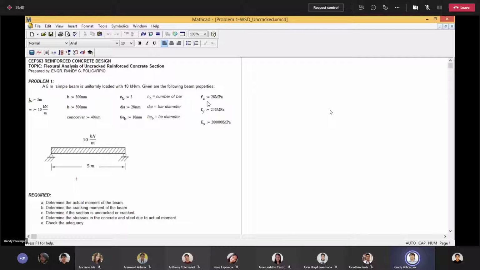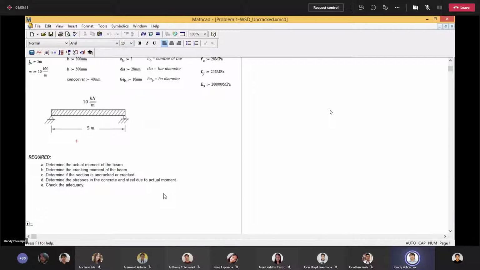So the strength of the concrete, 28. Fy, the strength of our steel, is 276. Then the modulus of elasticity of the steel is 200,000 megapascal. We have a given simple beam, no? And the uniform load is acting over the entire length of the beam.